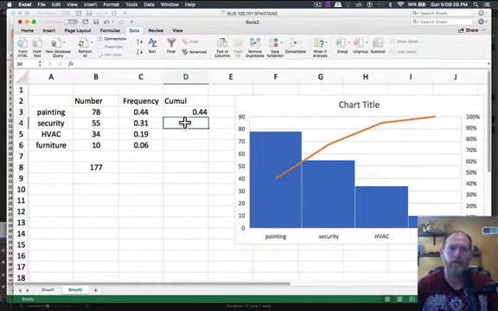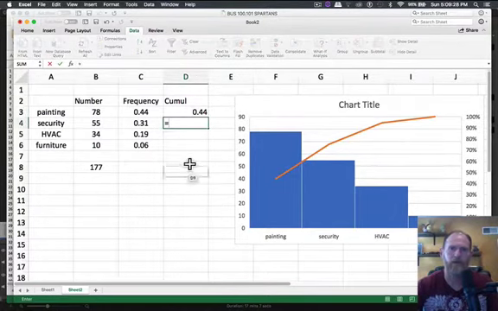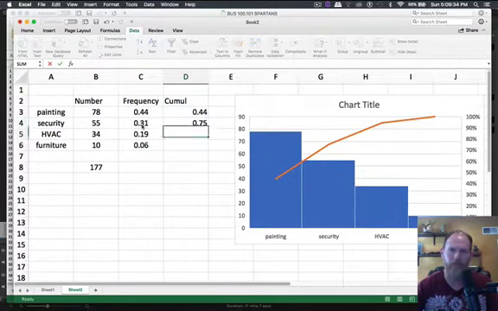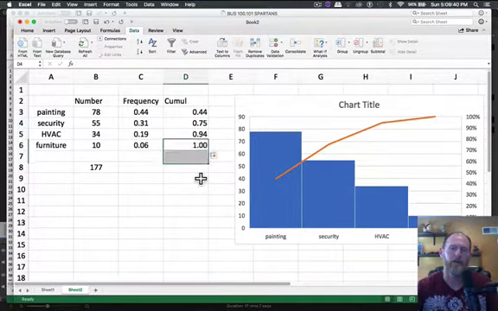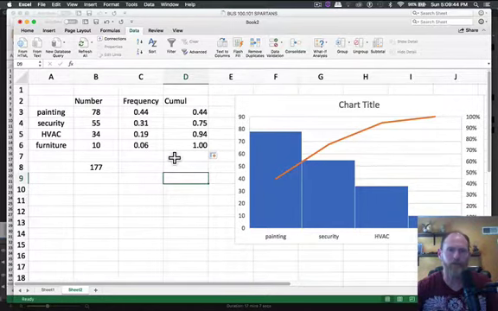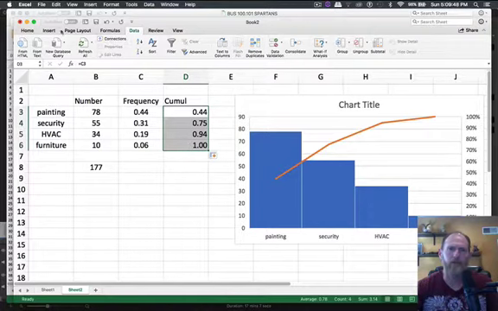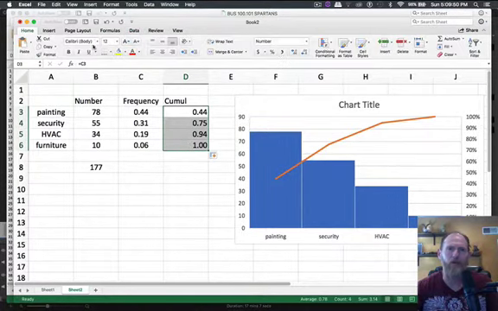So this is going to be that past number plus the one for the row that it's in. And because I didn't lock any of those down, I should be able to drag that down. So in other words, we've got to be careful about how to interpret or explain this with categorical variables.